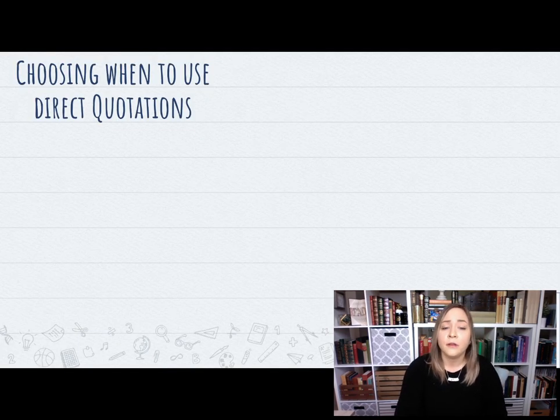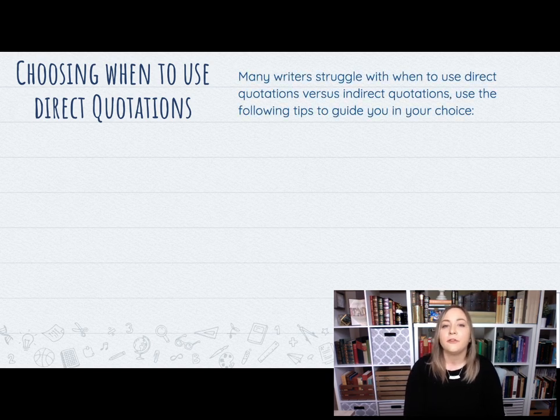One of the last things I want to look at, I mentioned this early on, is deciding when. Sometimes it's tricky for students and writers to decide when should I use the direct quote and when should I just paraphrase? Of course, there's no definitive rule about this. You can always quote something even if it's seemingly unimportant, and you're always welcome to paraphrase things that are weighty and important.